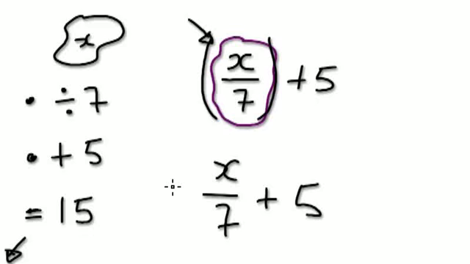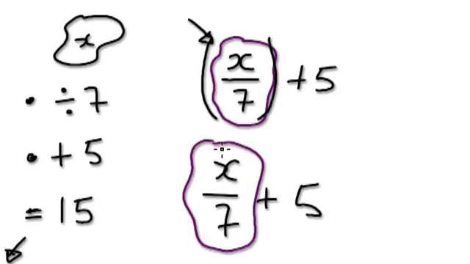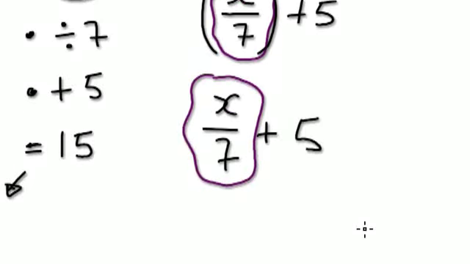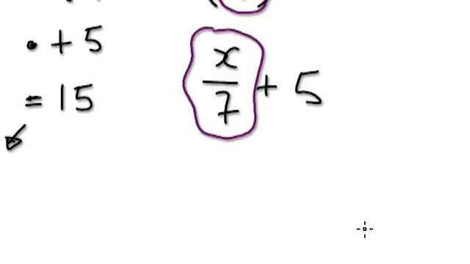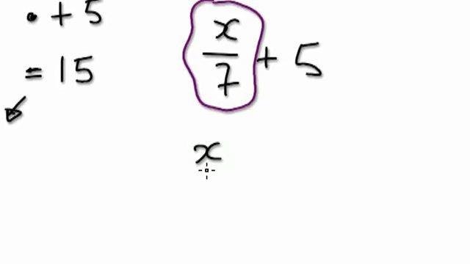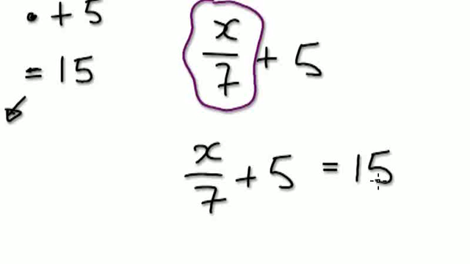Normally, if you write it like this, because division is more important than adding, you need to work this out first anyway. So you can just write it as x over 7 plus 5. You don't need brackets around this because you've got to divide first anyway. And then it gives me 15.